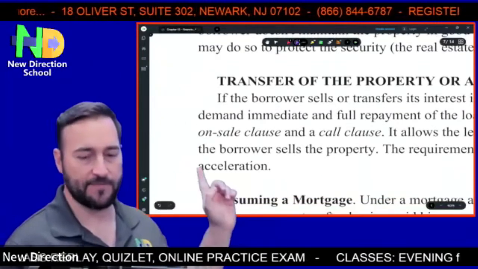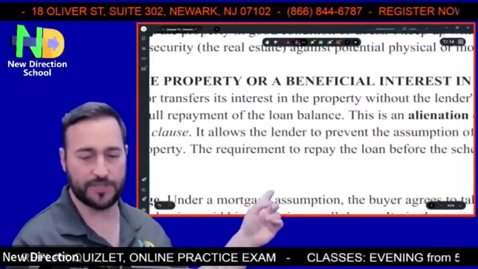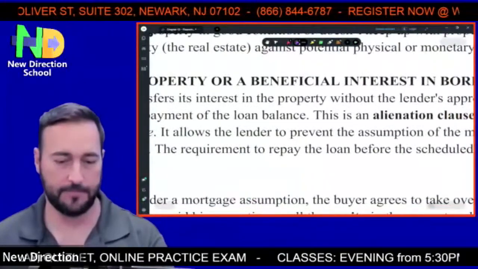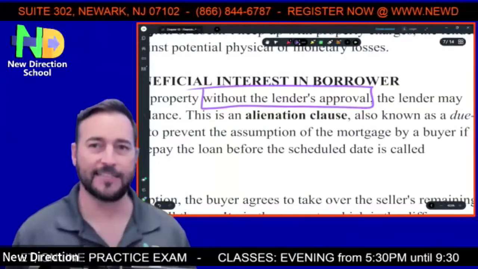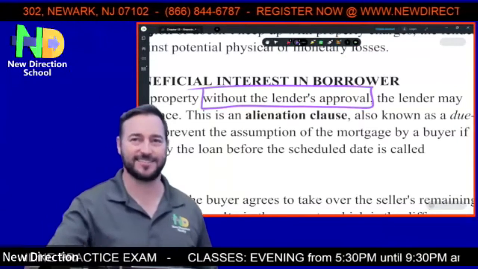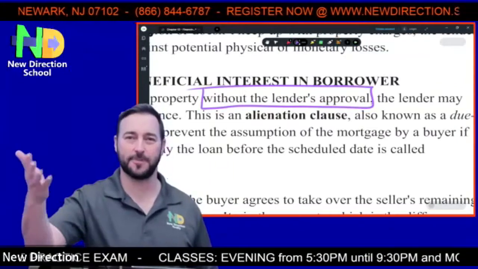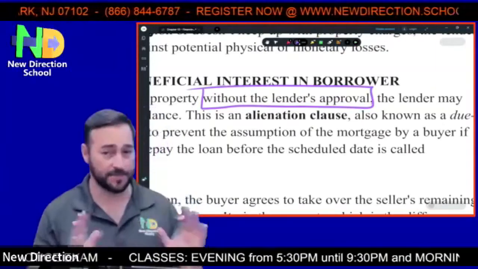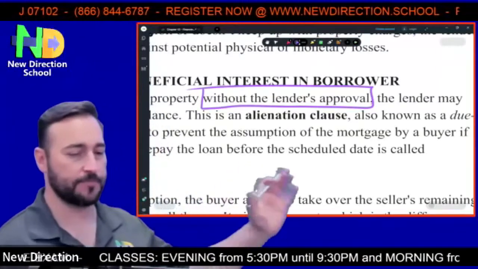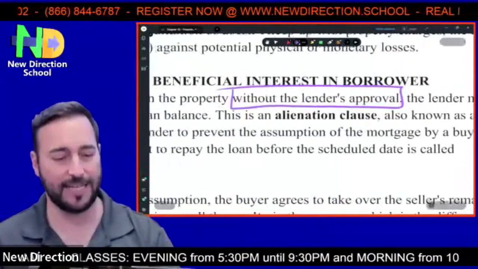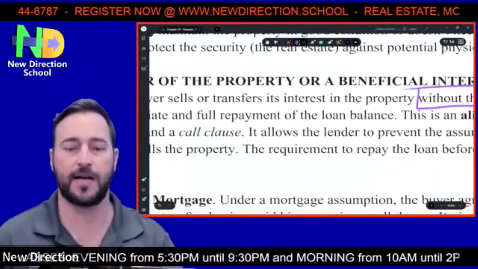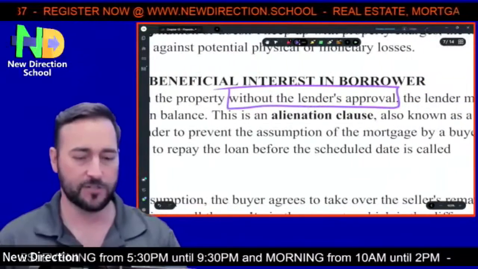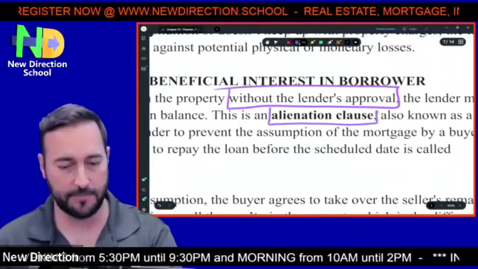So if the borrower sells or transfers the interest in the property without lender's approval, that's the key right here. It's the same thing as you assigning a lease without the landlord's permission. Remember that? Okay, so it's the same thing. If you transfer the property without the lender's approval, the lender may demand immediate and full repayment of the loan balance. This is called alienation clause.